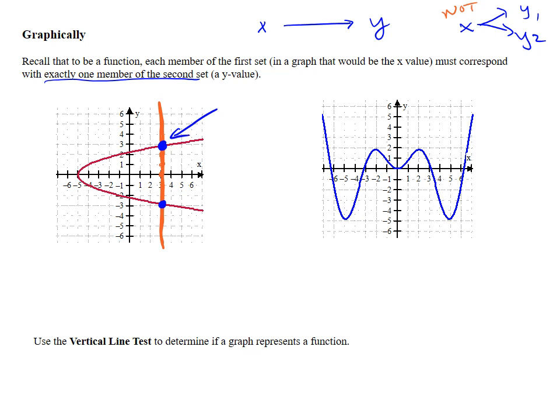And here, that vertical line crosses in 2 spots. So this is not a function, because what we have for x equals 3 is we have 2 y values at that x equals 3 value. This is called using a vertical line test to determine if a graph represents a function. A vertical line just represents a single x value.